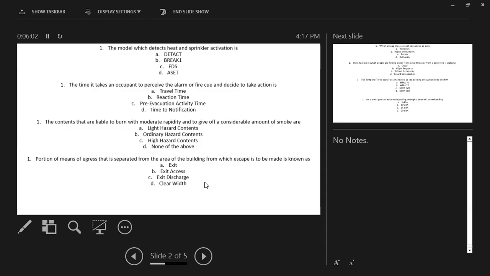The time to take action means I have already perceived the alarm cue. Now, what type of action am I going to take? Whether I'm going to be super active or frozen up, whatever the time I take, and how the panicking situation is going to overcome me. So that's the reaction time, right?